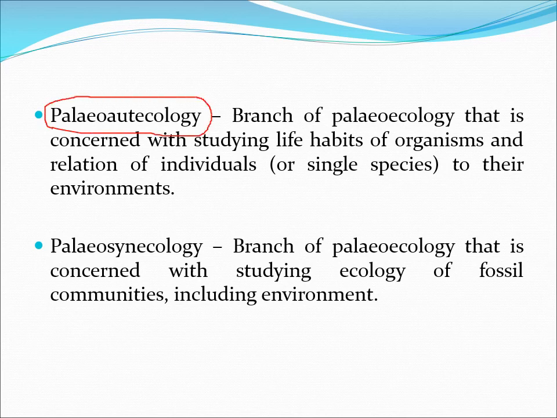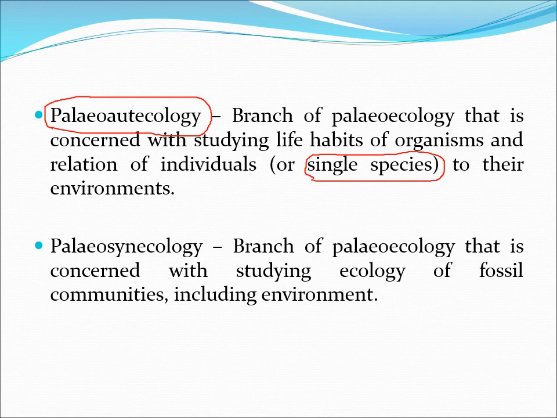So paleoecology means it is the branch of paleoecology that concerned with studying life habits of organisms, its role, and the relationship of that organisms with other individuals as well as the environment for a particular species, for a particular biological group.